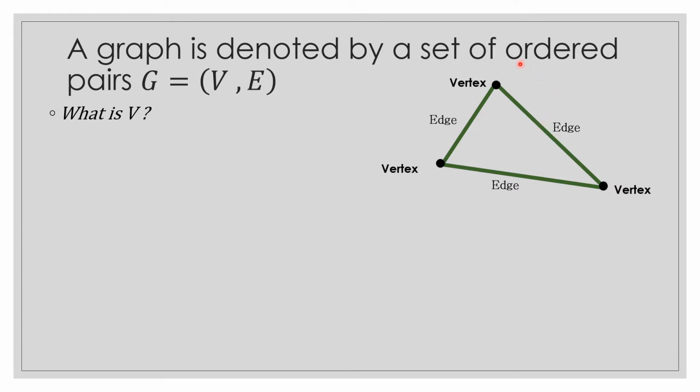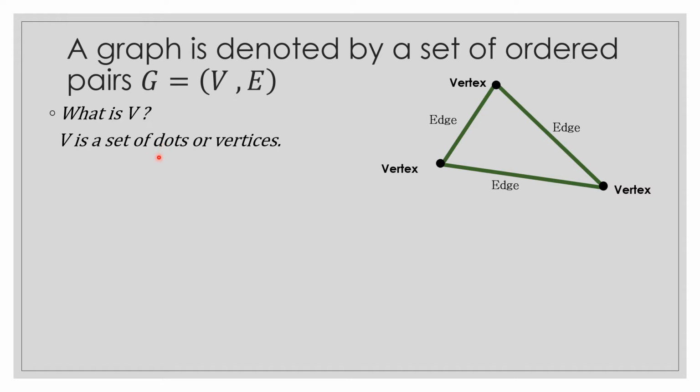This is the network graph that I showed you just now. You can see that here is a vertex and this is an edge. So a graph is denoted by the ordered pair G = (V, E). What is V actually?